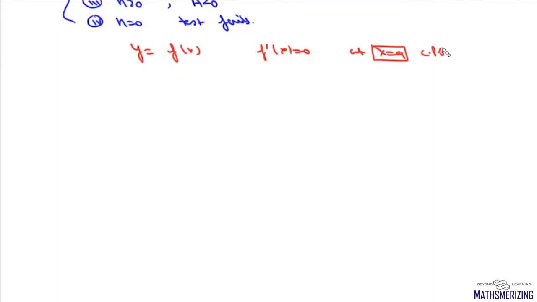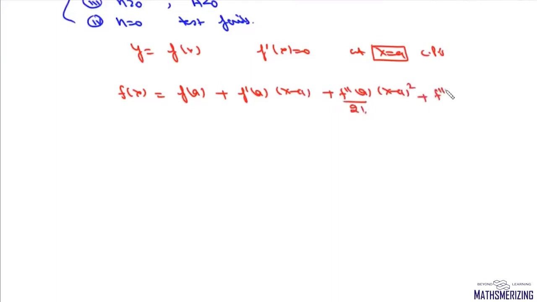Now from Taylor's series, we know that we can write f(x) as f(a) plus f dash a into x minus a, plus f double dash a into (x minus a) square upon factorial 2, plus f triple dash a (x minus a) cube upon factorial 3, and this series will continue.